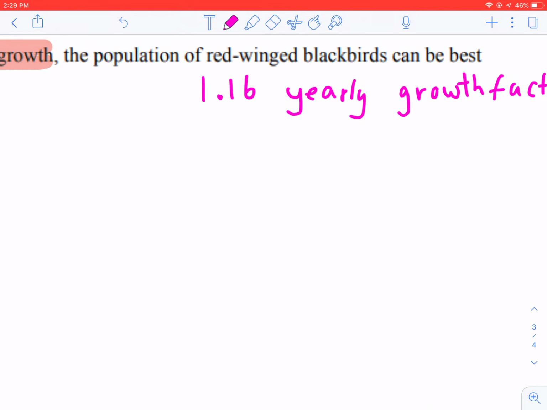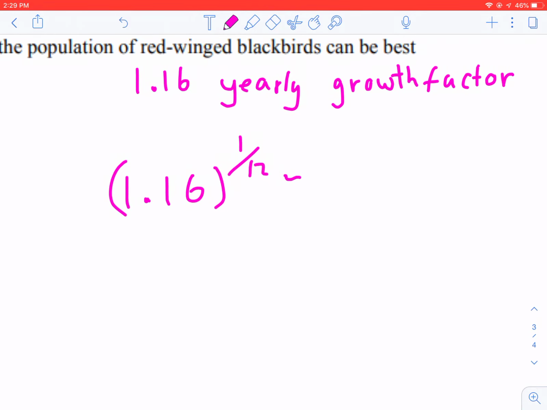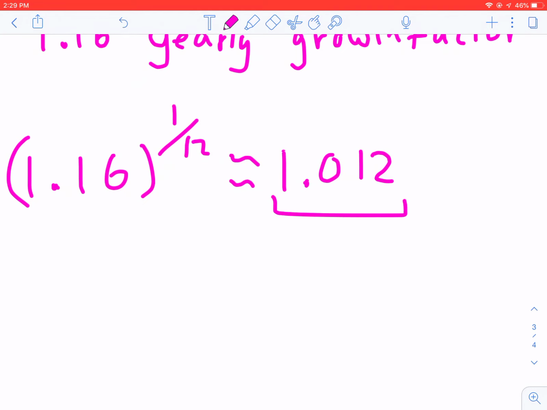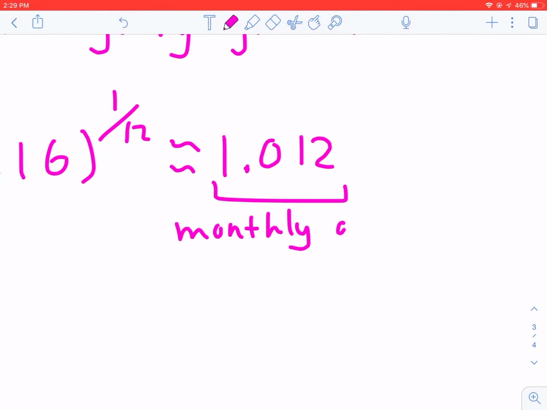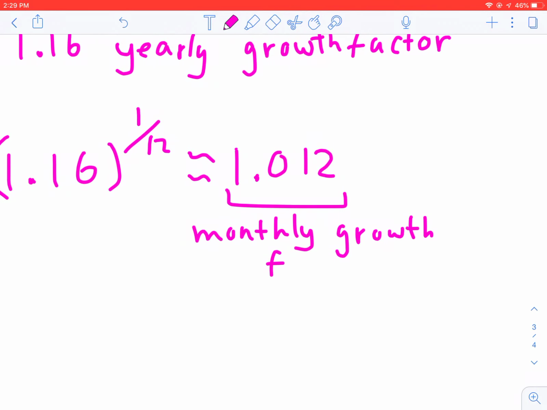So again, I'm going to take the 12th root of this, or I can raise it to the 1/12 power, same thing. And that's going to be about 1.012. That's going to be my monthly growth factor. Right, exactly like that oil problem we just did, where we took the 12th root. Same thing here.